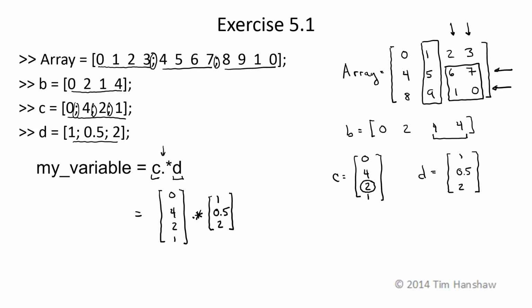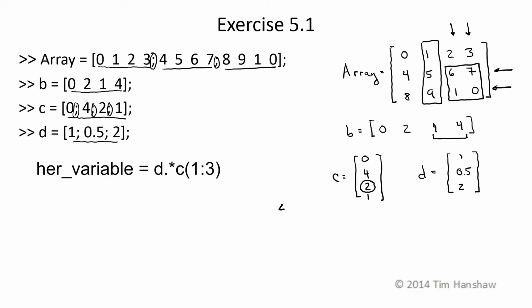Now with element by element multiplication, or really any element by element operation, the arrays need to be the same size if they're both arrays. This one has 4 elements, this one has 3 elements. This is going to result in an error. The array sizes don't match.